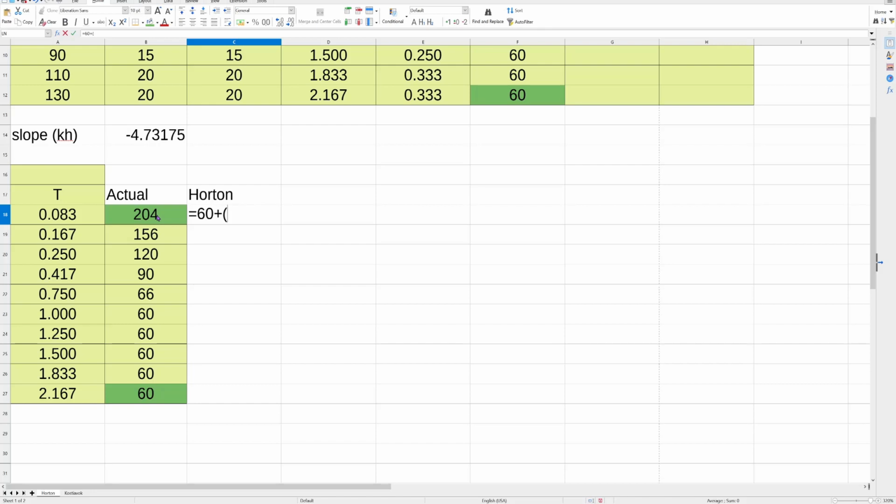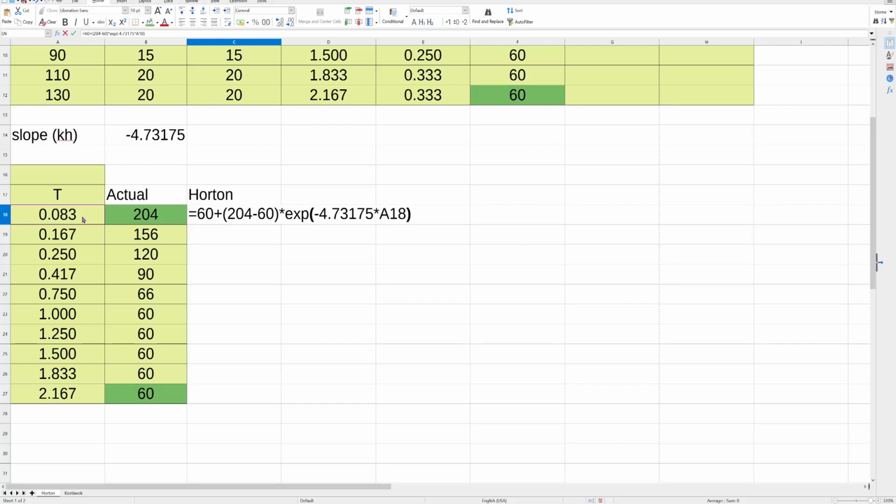F naught is always going to be 204 minus 60, right, times exponent of minus 4.73175 times t. So t is in hours, so let me put it here.